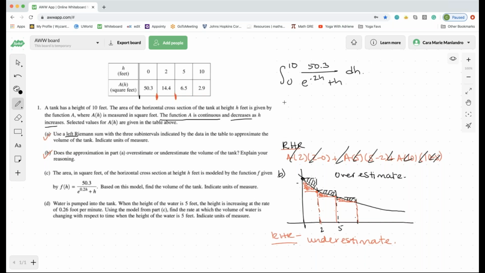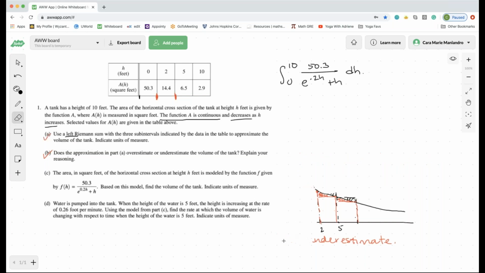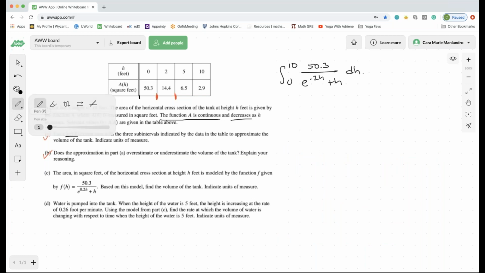Does everybody know how to do this on the calculator, or do we need a review? Totally happy to do that. We need to see that? Hopefully everybody has a TI 83 or 84 or something very similar. You want to make sure that you are in function mode.